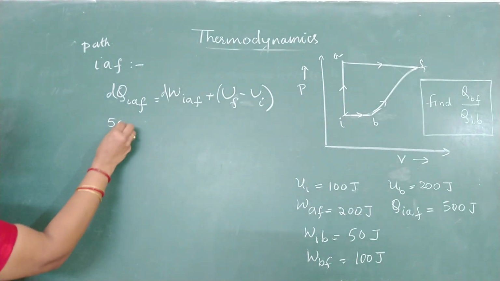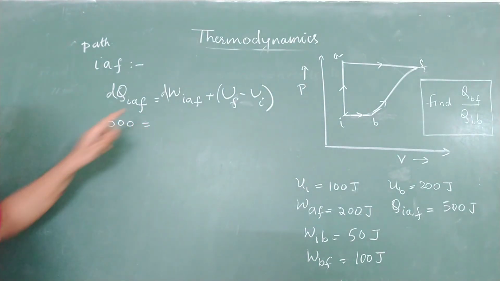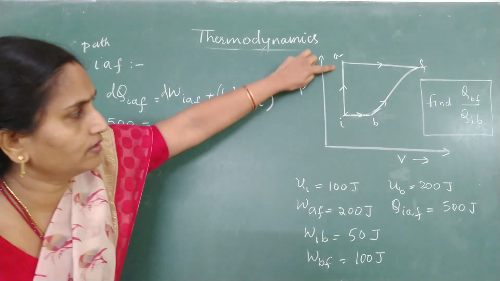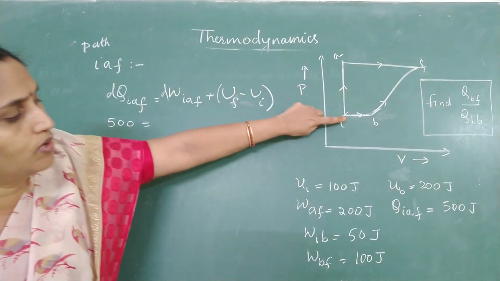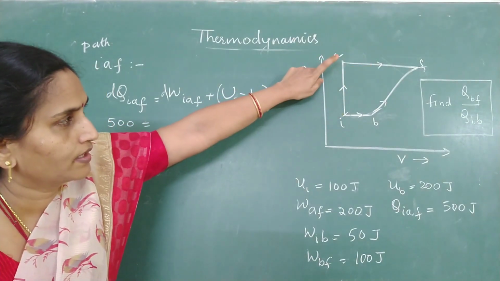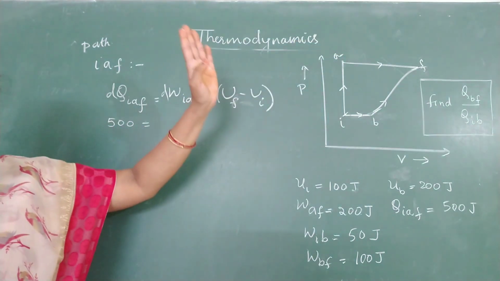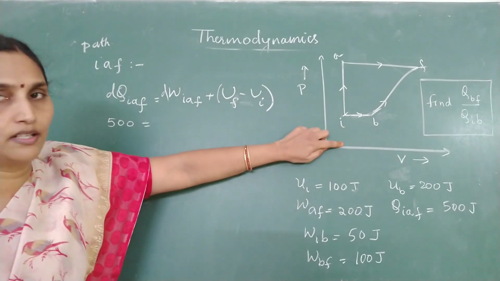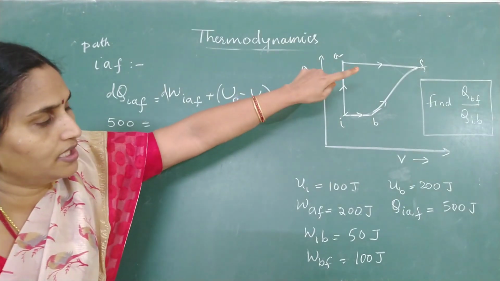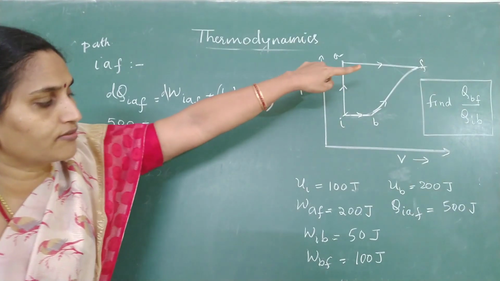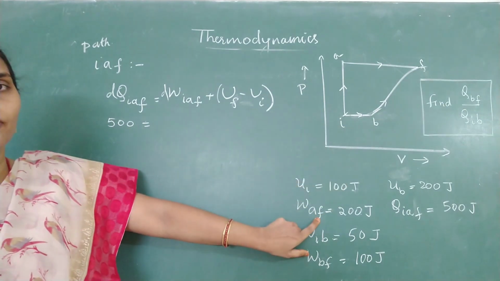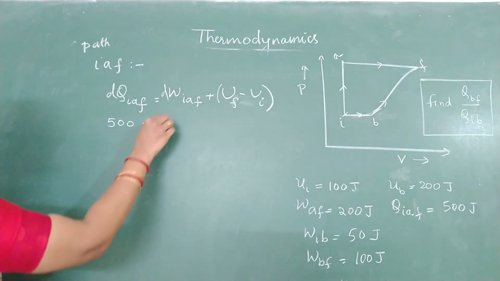It's 500. 500 is equal to the work done along this path. We know there is no work done from I to A, but there will be work done from A to F, because IA is parallel to the pressure axis, so no area is enclosed. So the work done from IAF is nothing but equal to the work done from A to F. What is the work done from A to F from the given data?